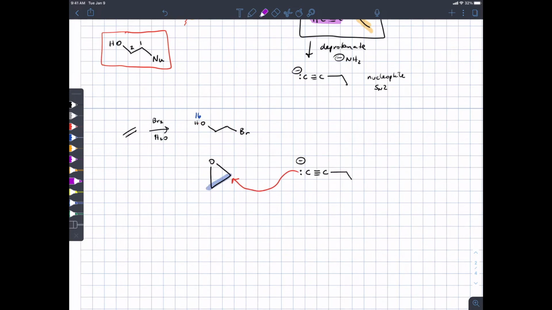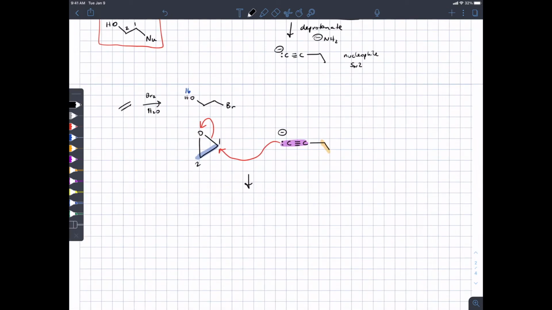So just highlighting the segments of our molecules, I guess we'll call this carbon 1 and carbon 2. We do an SN2 reaction, backside attack on the epoxide, leaving group leaves.